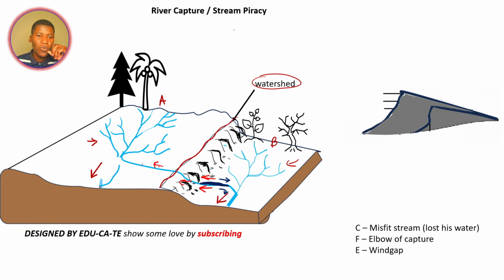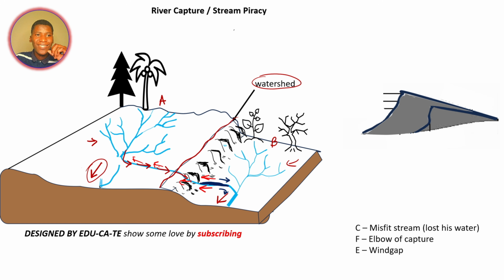It kept eroding until it reached river A. And then when it caught up with river A, the water from river A stopped moving forward in its initial direction that we had labeled at first. So river A started flowing towards river B.